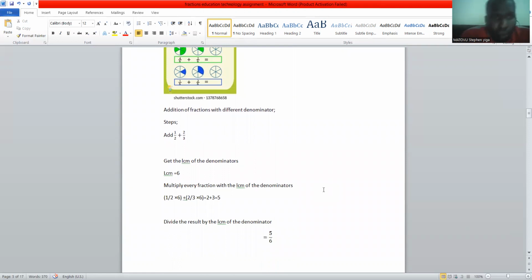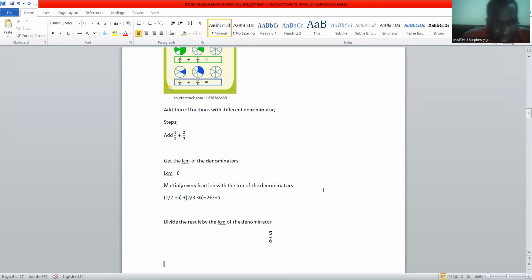Then let us get the steps on how to add fractions with different denominators. For example, a half plus 2/3. Procedure. First, get the LCM of the denominators. The LCM of the denominators 2 and 3 is 6. Second, multiply every fraction by the LCM of the denominators.